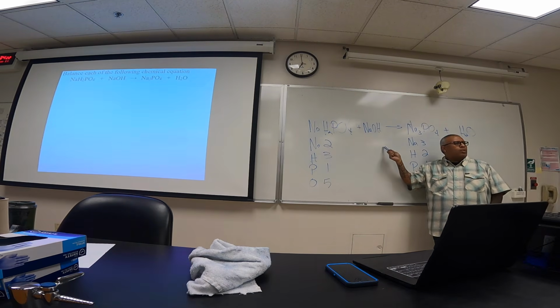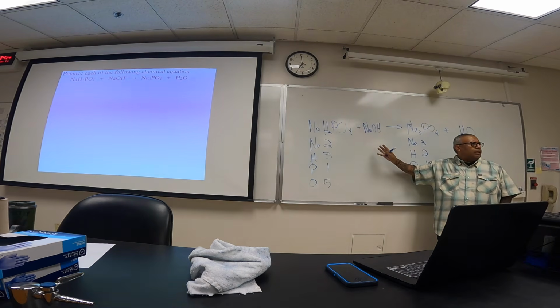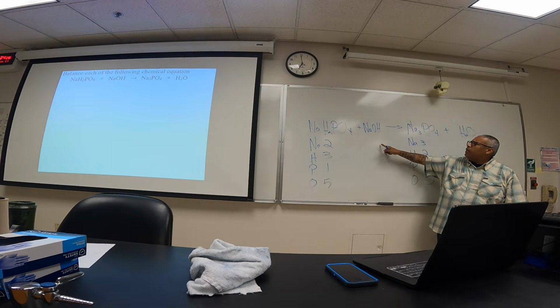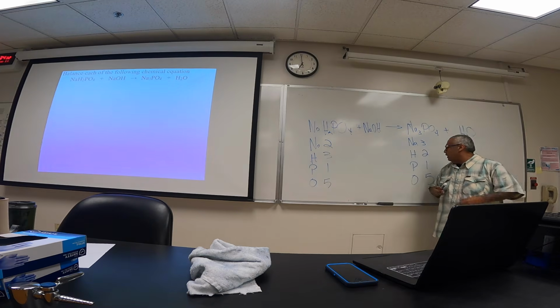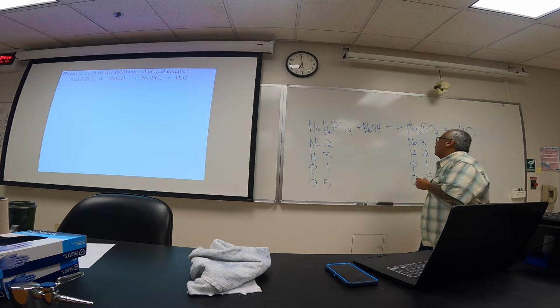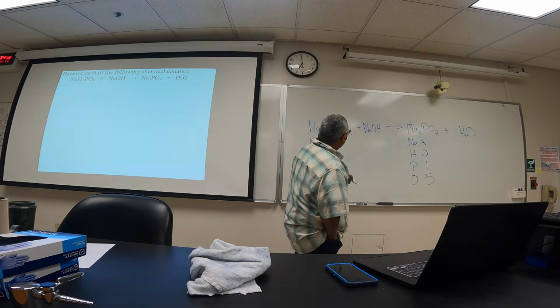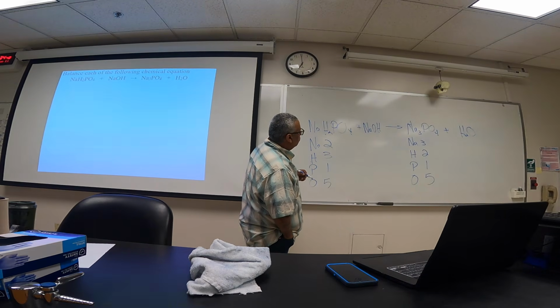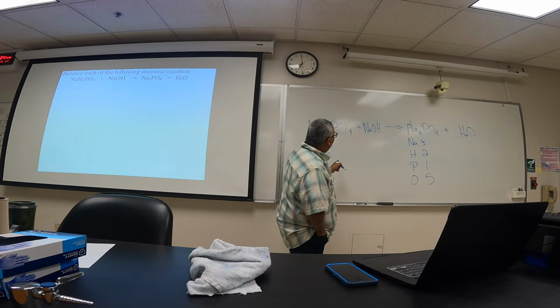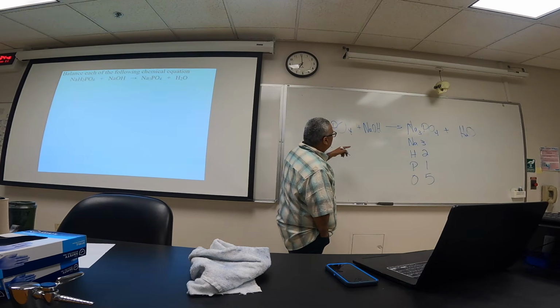So we're going to have to find least common multiple again. What number can sodium, right? 2 and 3 can both go into what number? 6. Now, we have a choice here.